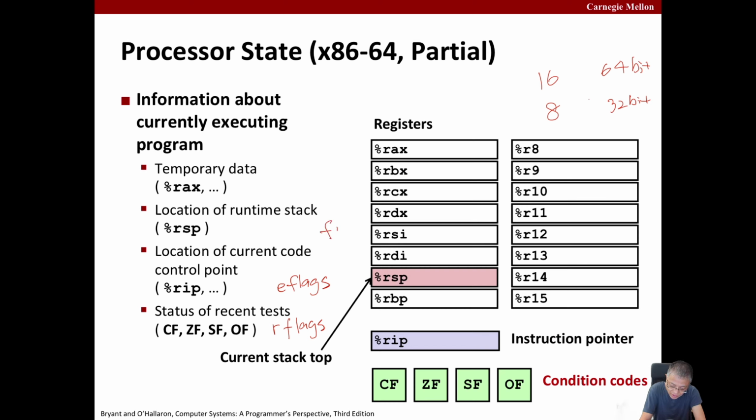Whenever you execute an instruction, it will implicitly set those control flags in the EFLAGS register or RFLAGS register.